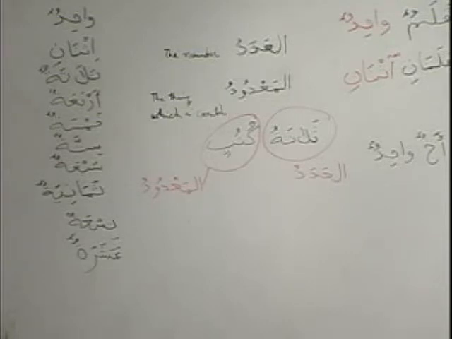Okay? Ready? Now we count houses. We are doing a survey on behalf of the city. We are counting houses now. Ready? What is the jama of house? Buyutin. How do you say 3 houses? Salasatu buyutin.